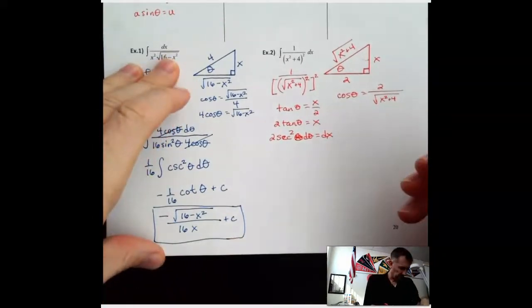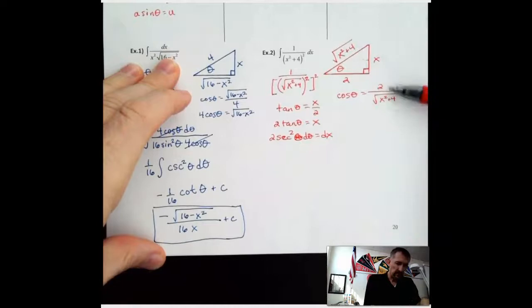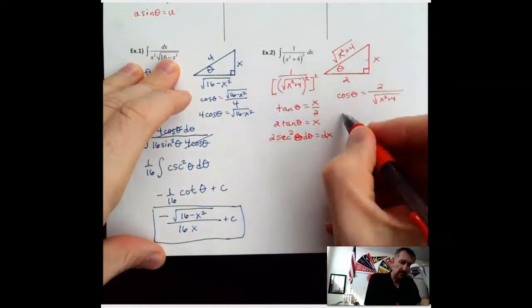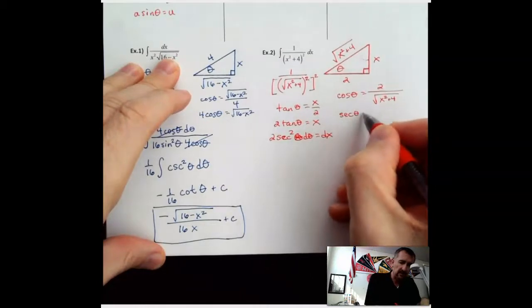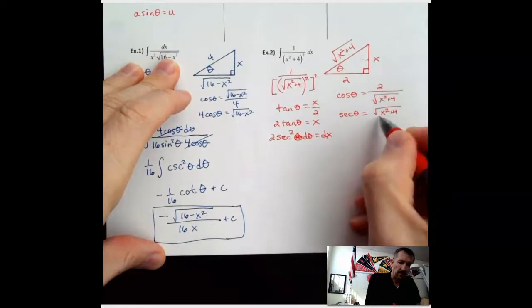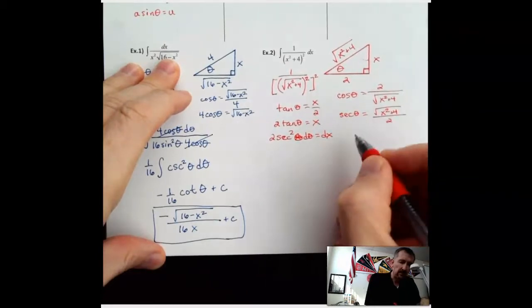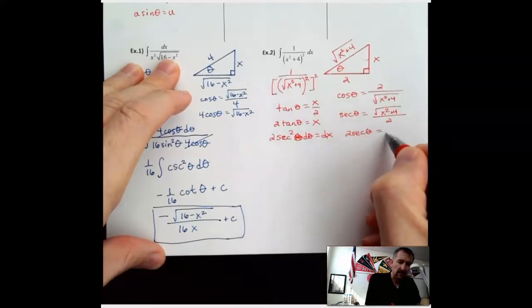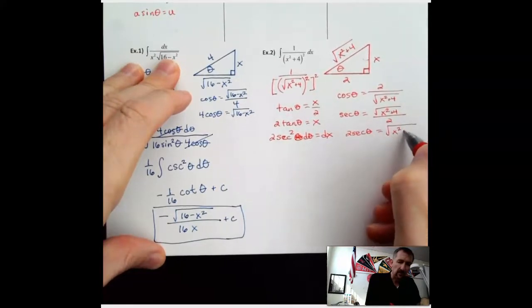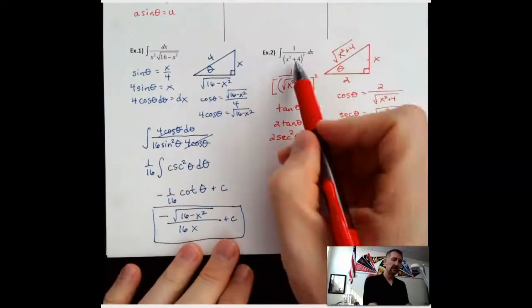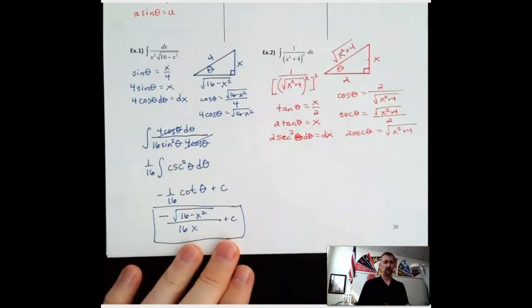So I'm not really excited about this, but we could take the reciprocal. The reciprocal of cosine is secant. The reciprocal of that would be that, and so 2 secant theta equals this. So what we do is we just kind of play around with the triangle until we can find stuff that we can substitute out of there.